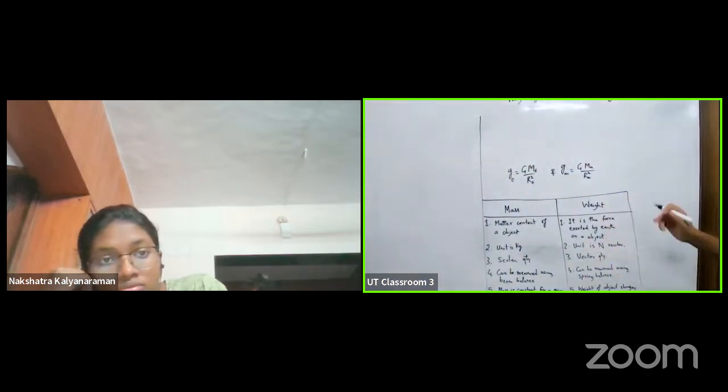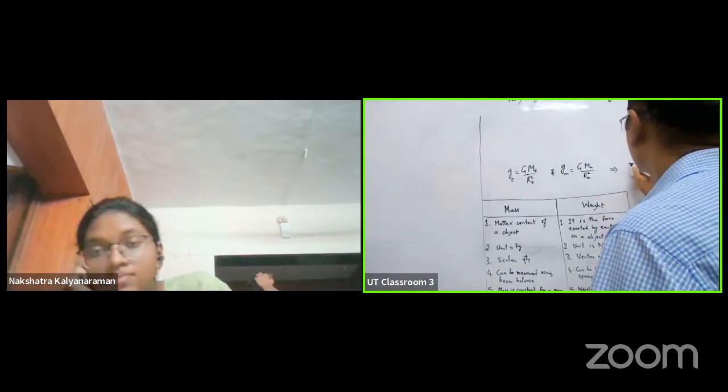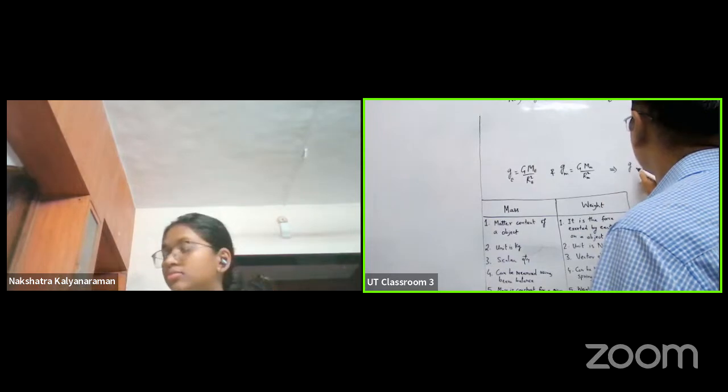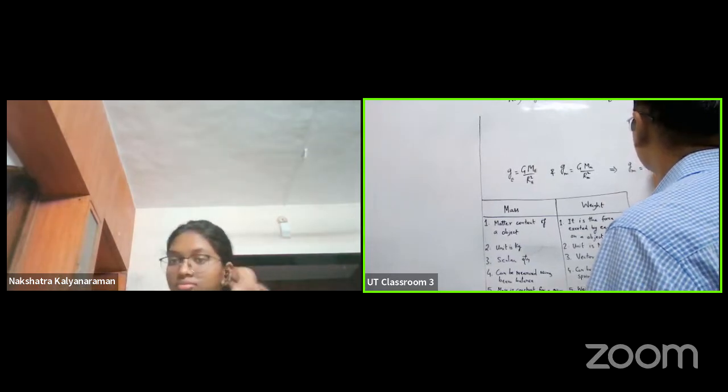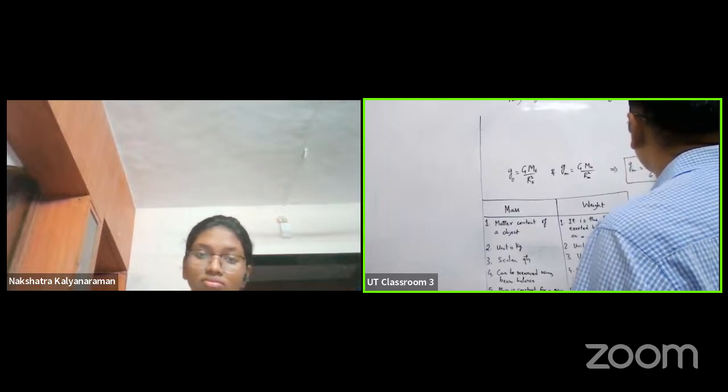When you substitute these values, you get this relation: g on the moon is equal to g on Earth by 6. This relation you should always remember.